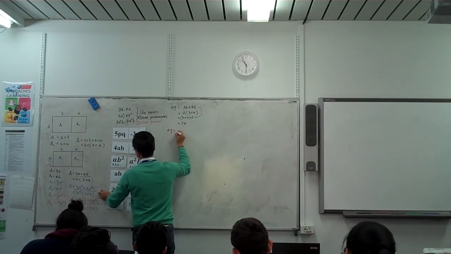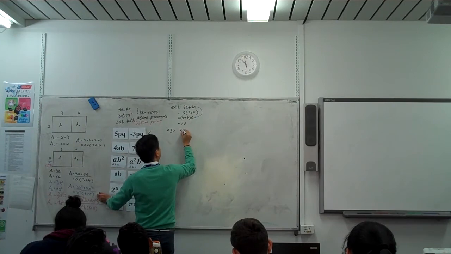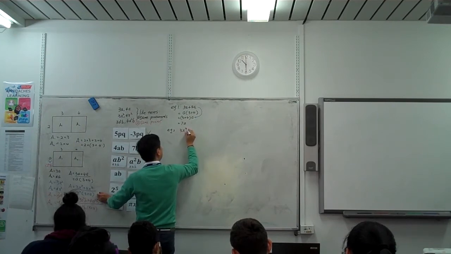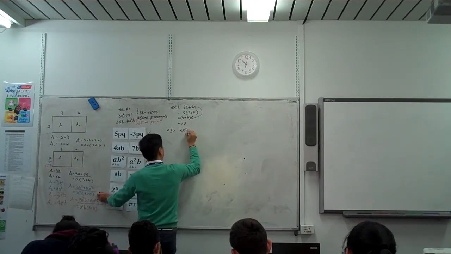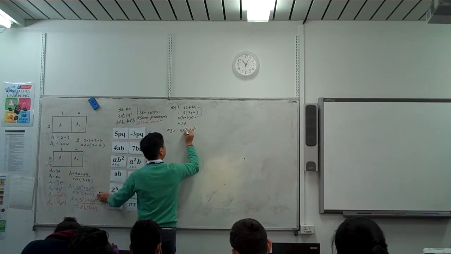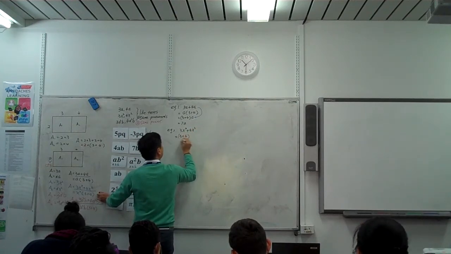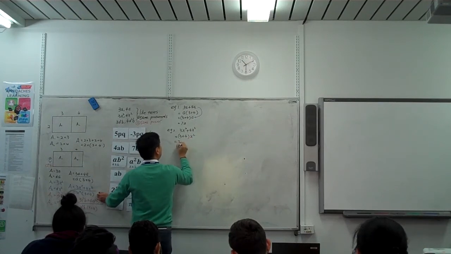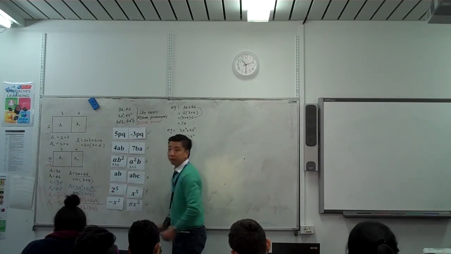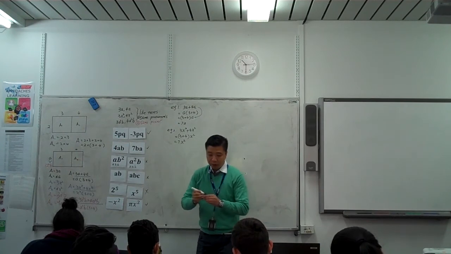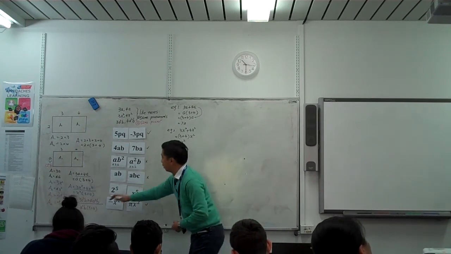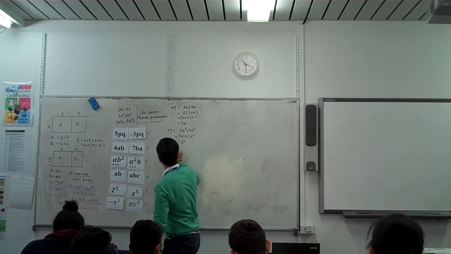Example 2. So this example, you guys said that 3x squared plus 4x squared equals 3 plus 4 lots of x squared, equals 7x squared. Okay? Now, we want you to observe. And also the last one, example 3.